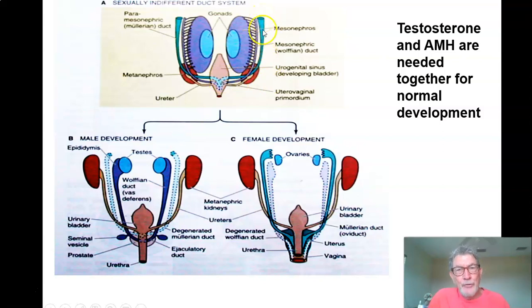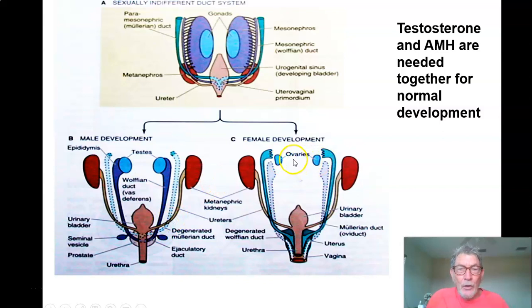So if you develop as a female, you have these fallopian tubes that are close to, but not attached to, the ovary. So here, if I start making testosterone, because I have the Y factor, I will maintain the Wolffian ducts attached to the testes. These guys will form as testes, and then these guys will develop. And I'll also make anti-Mullerian hormone to make the female tubes go away. You need both things to happen.